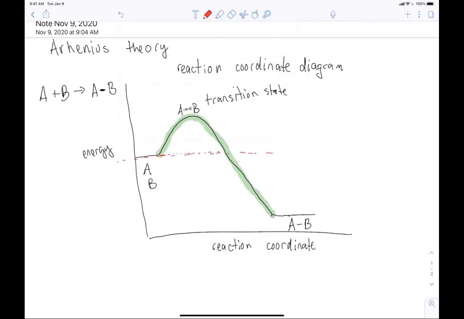So we're at the reactants. If we come up here and draw another parallel line right there, there's a difference in energy between the reactants and the transition state. And this difference in energy is what we call the activation energy.